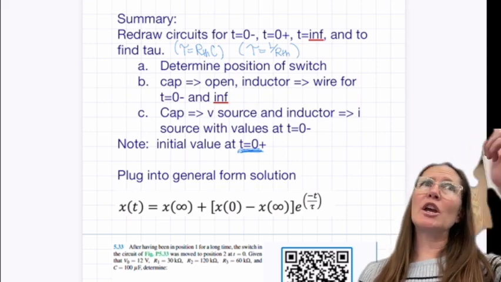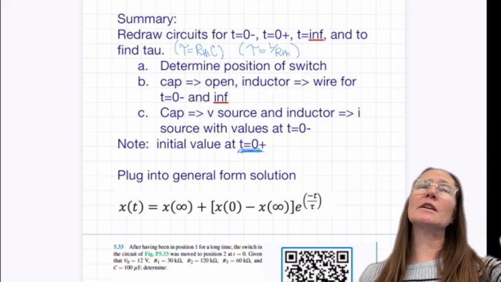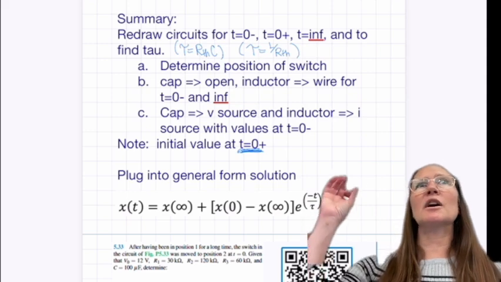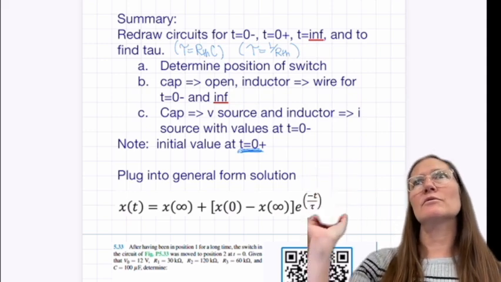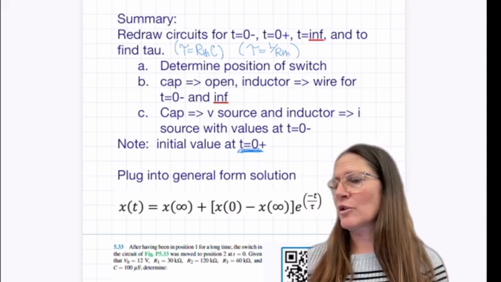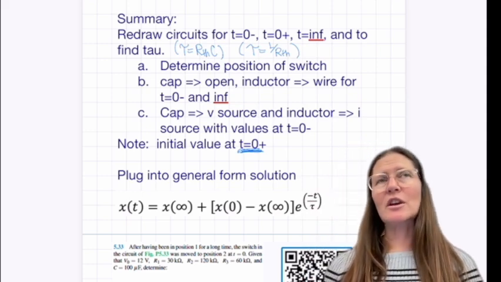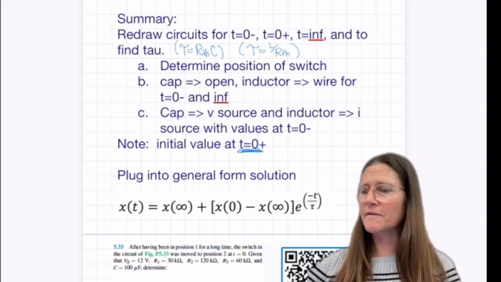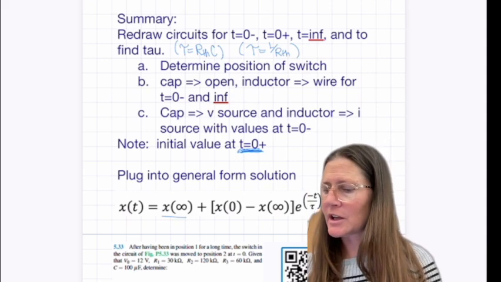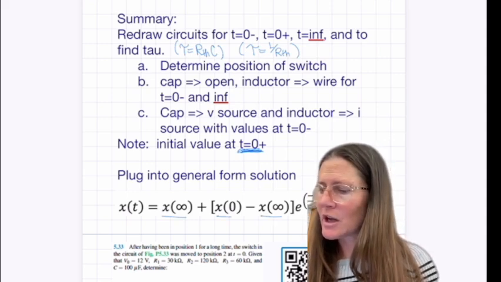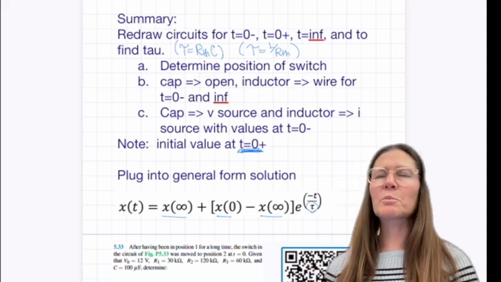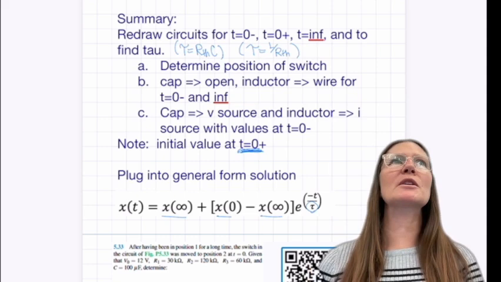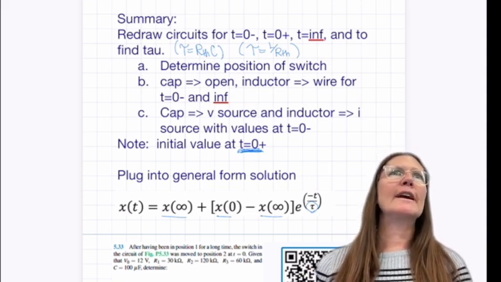Right at the change, you have an effect, and that capacitor becomes a voltage source, and the inductor becomes a current source. So using that information as far as the characteristics of the capacitor and the inductor, you're able to then find these values, infinity and the initial, and then tau, and then you can plug them into the general form equation, which is an exponential. Okay?